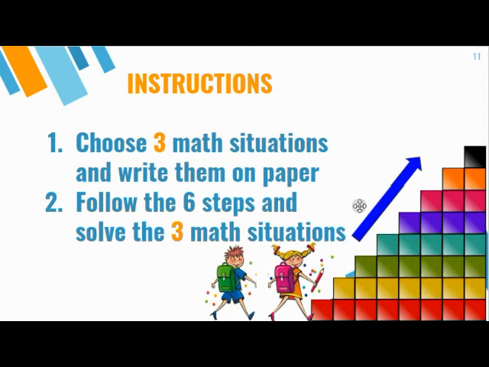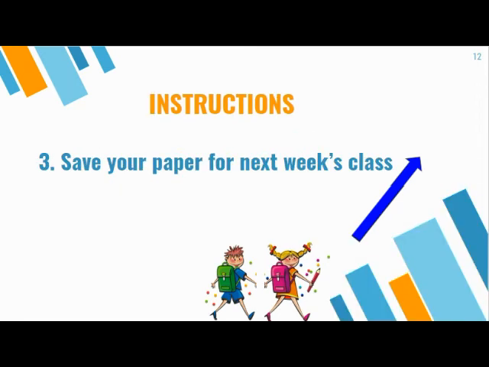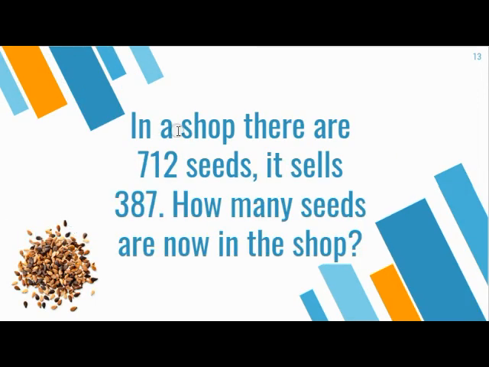Underline, circle, color, do the operation, write an answer, all the steps. You need to save your paper for next week's class, because that day we're going to work on correcting or checking your answers. So let's look at the problems.